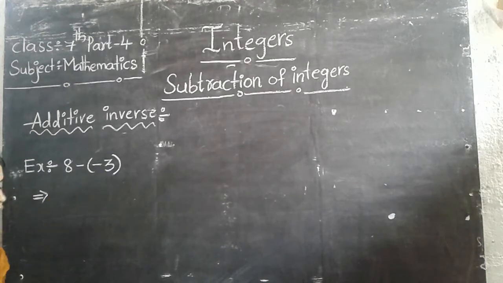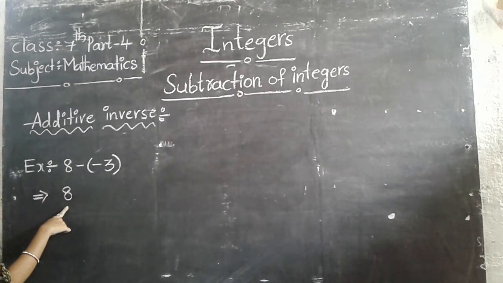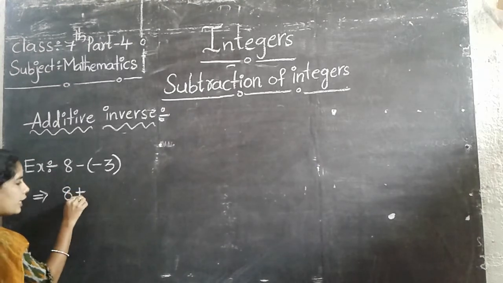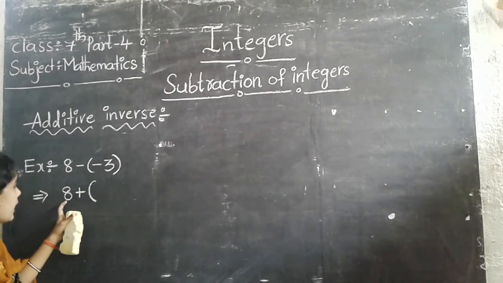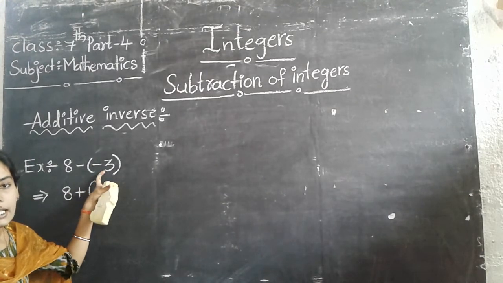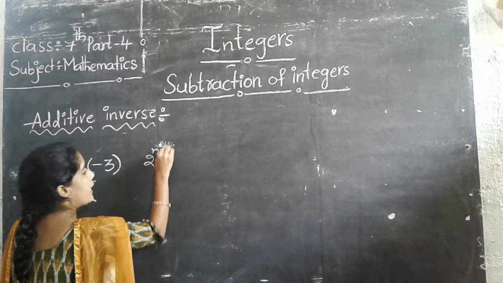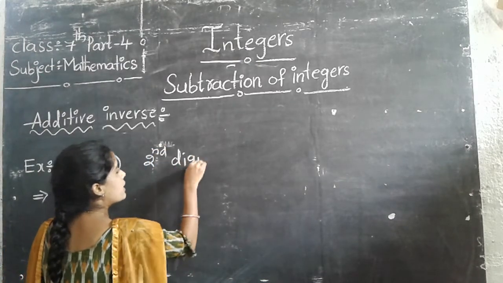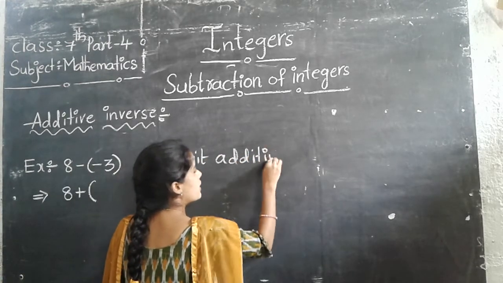The first digit we write as it is. Then we put a plus sign. And we find the additive inverse of the second digit.